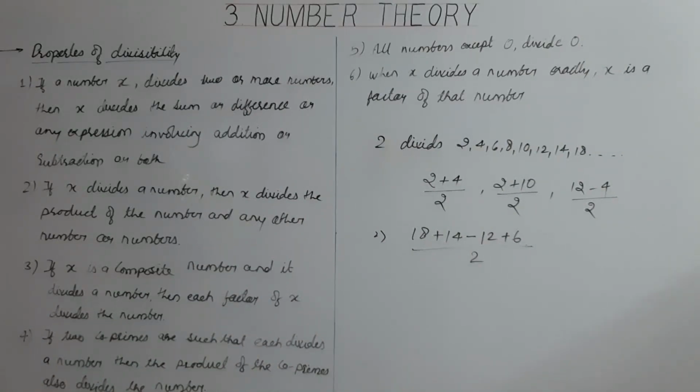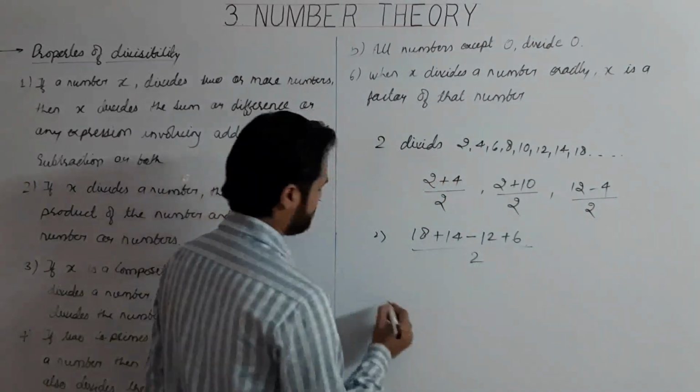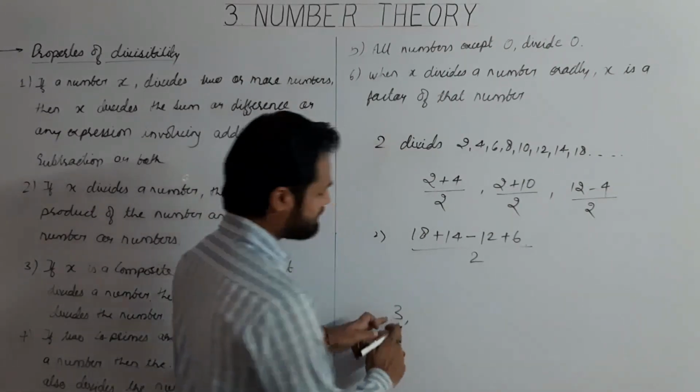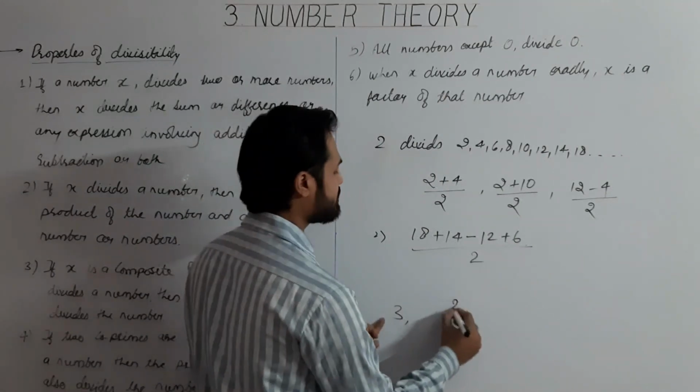This is the first property. Second property: if x divides a number, then x divides the product of the number and any other number. Now for example, let 3 be the number.